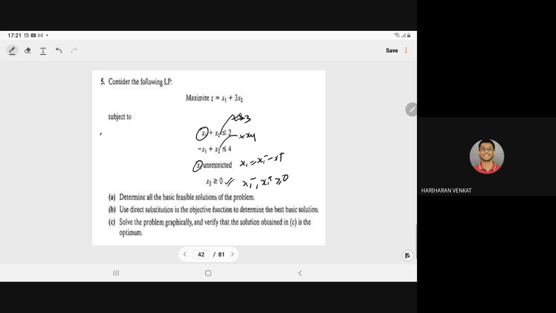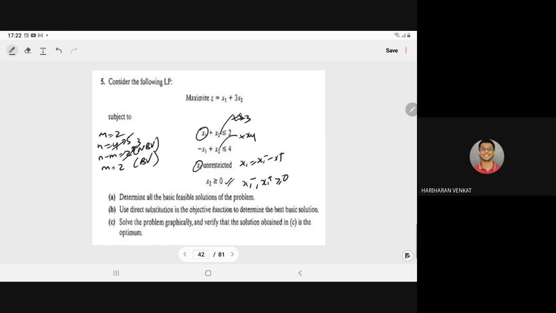So now we have m equal to 2, n equal to 4, n minus m equal to 2. That many we have as non-basic variables, and m equal to 2 will be the basic variables. And x1 is unrestricted in sign, so it will become 5 variables.